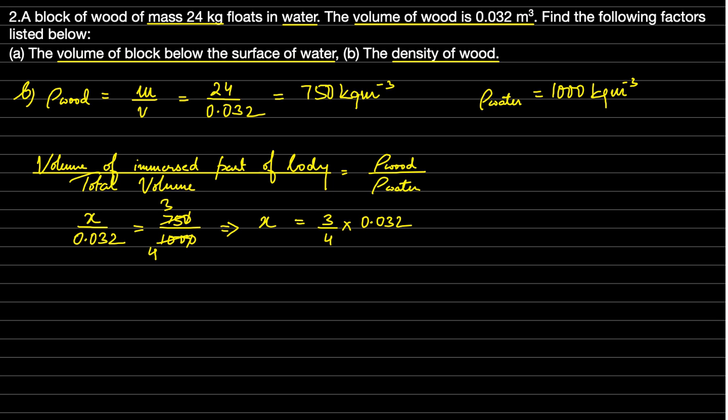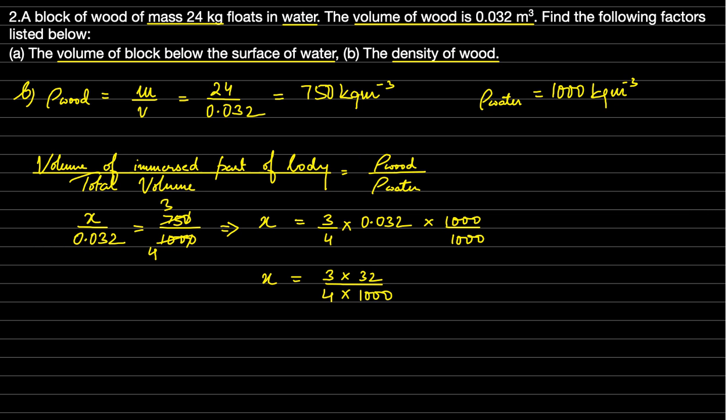Since we have 3 places of decimal, I would multiply numerator and denominator by 1000. So we get x is equal to 3 into 32 divided by 4 into 1000.